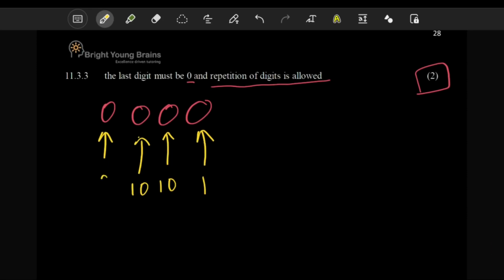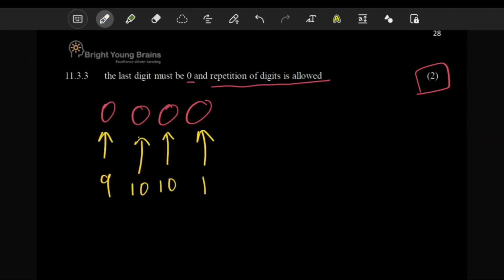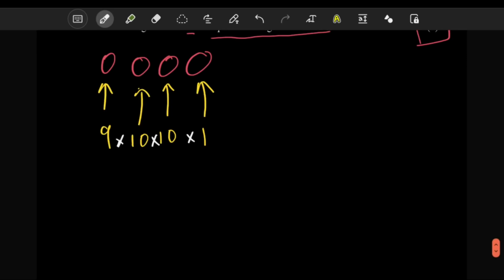So here you only have 9 options for the front. So your number of options is going to be 9 times 10 times 10 times 1, which is just going to give you 900 options, you see.